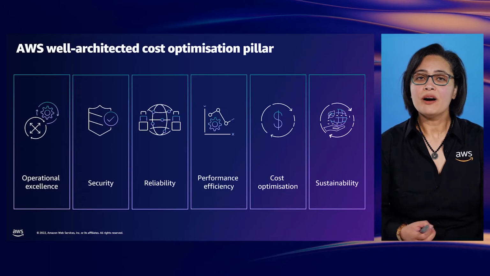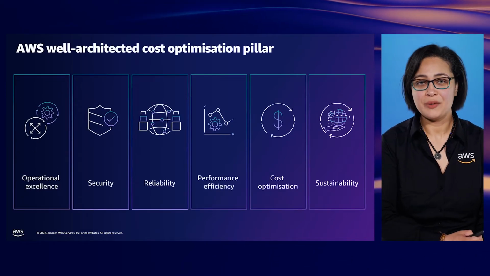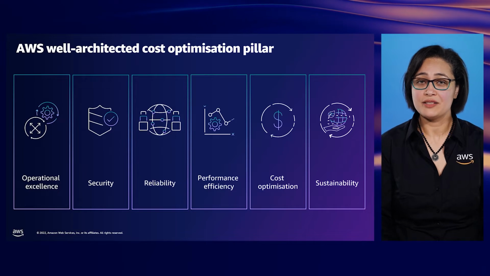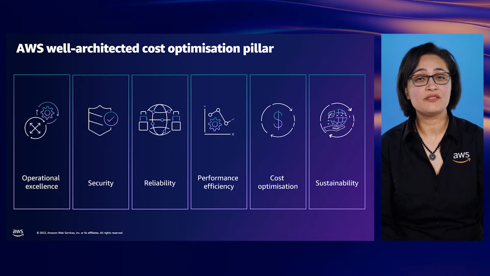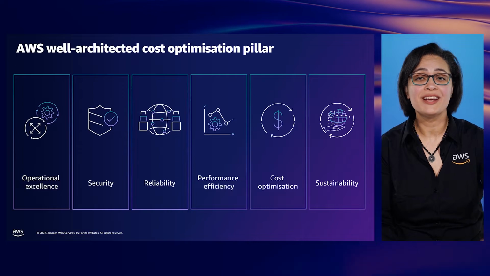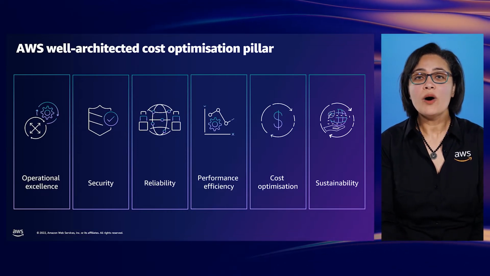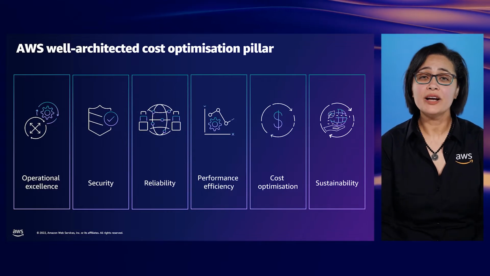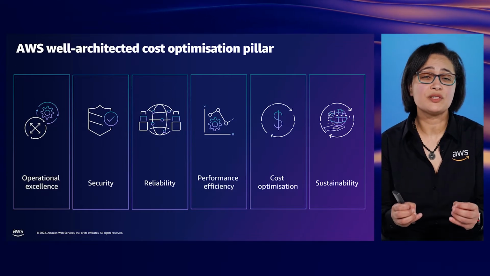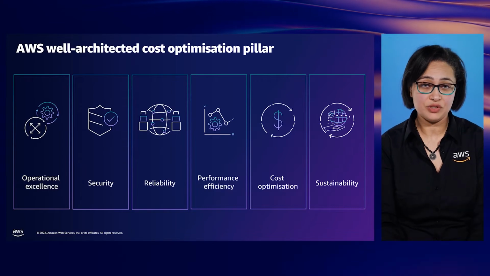The guideline we are going to use for cost optimization is the AWS Well-Architected Framework. It is built around 6 pillars: operational excellence, security, reliability, performance efficiency, cost optimization, and the recent additional pillar, sustainability. So why would we want to apply the Well-Architected Framework? For one, it provides a consistent approach for customers and partners to evaluate their architecture and implement scalable design.